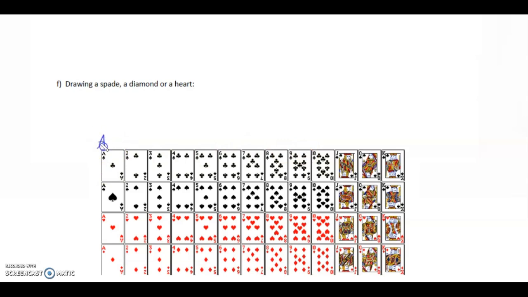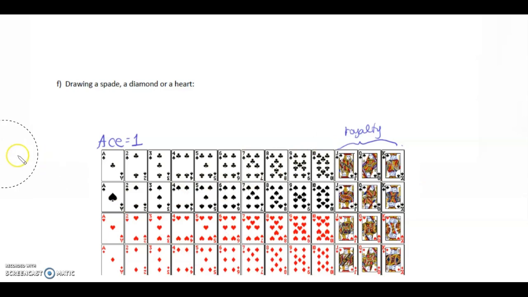Ace is 1, so the A basically equals our 1. So we have ace to 10, then jack, queen, king. If you think about a hierarchy of royalty, this would be in order: jack, queen, king.